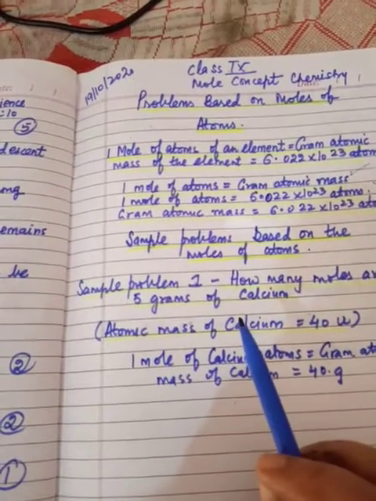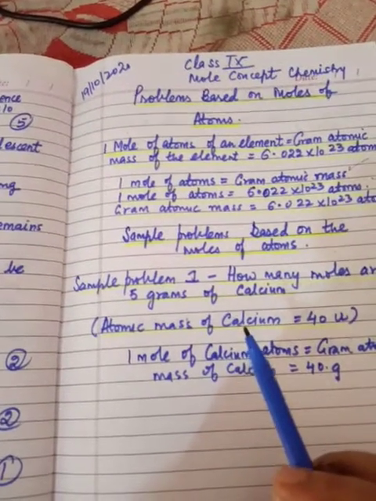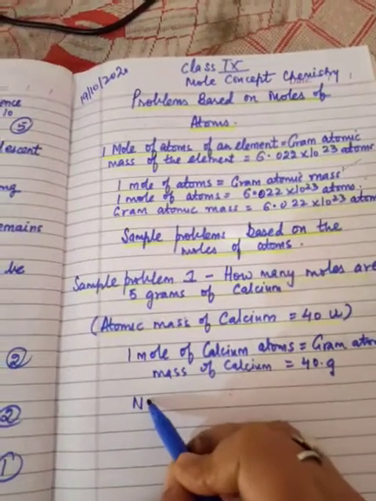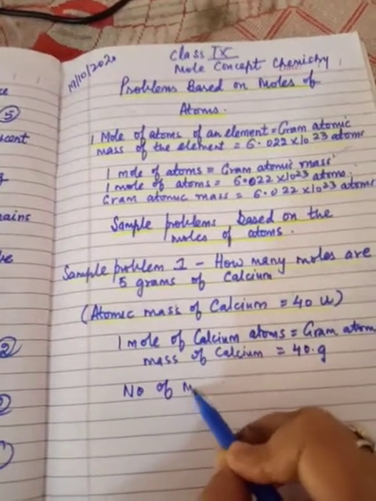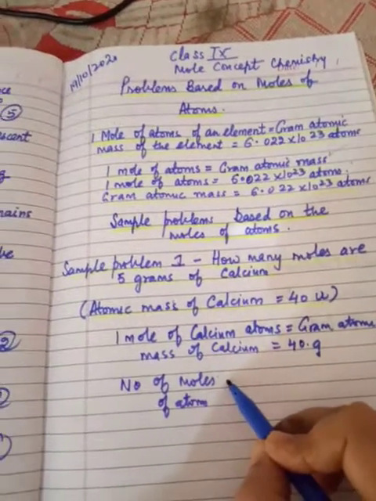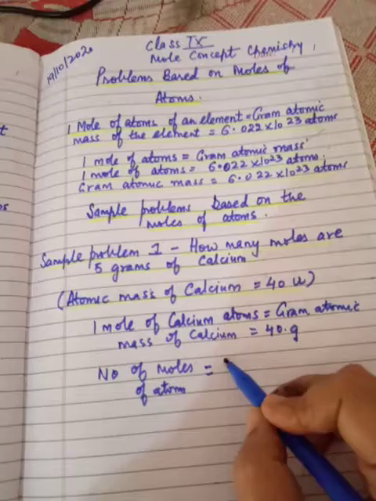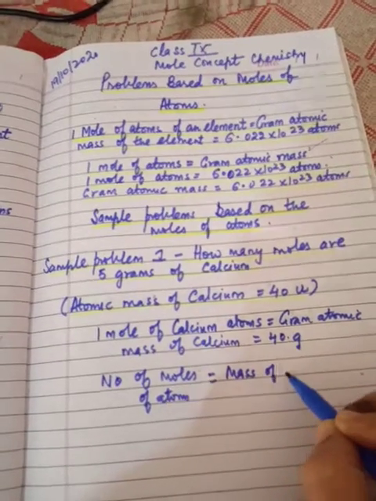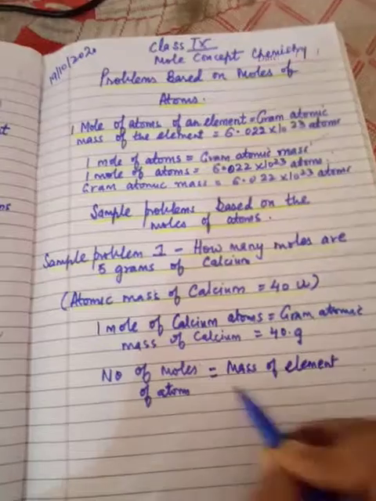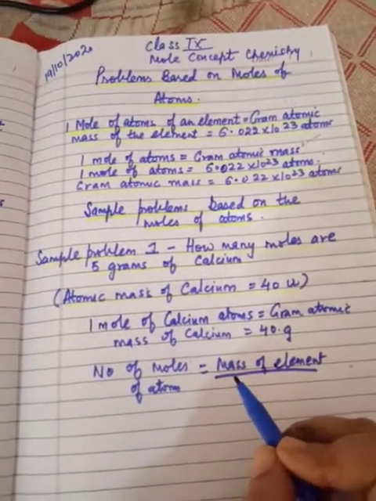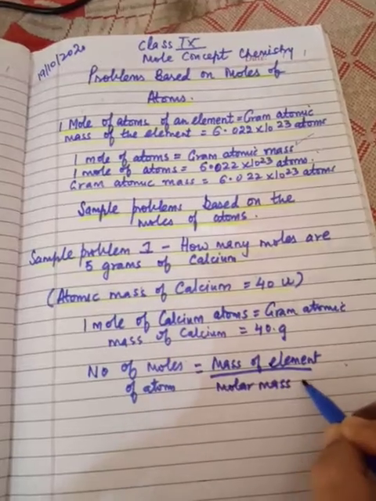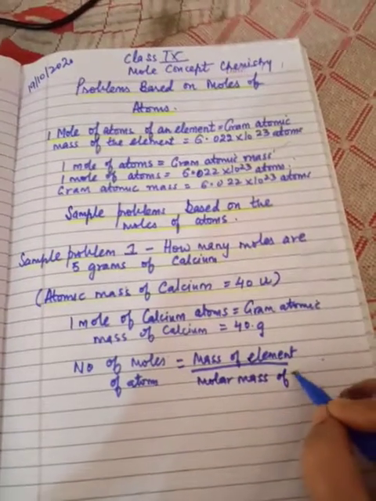But this problem can also be solved directly by using the formula. The formula is number of moles of atoms equals mass of element upon molar mass of element.